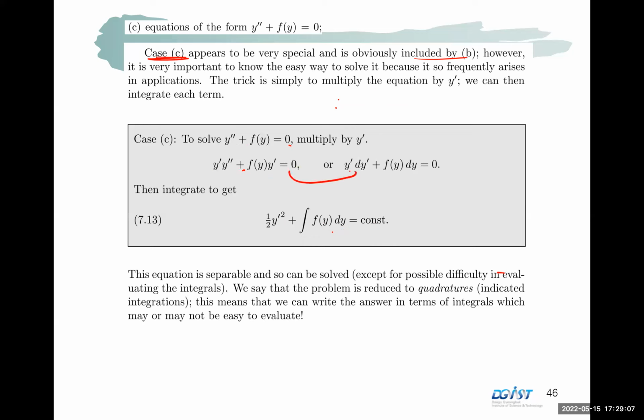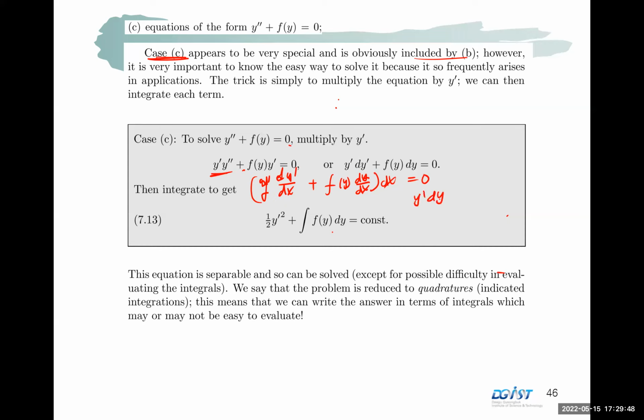And from here to here, y double prime means dy prime/dx, plus f(y) dy/dx. So we can take out dy/dx on both sides because it is 0.